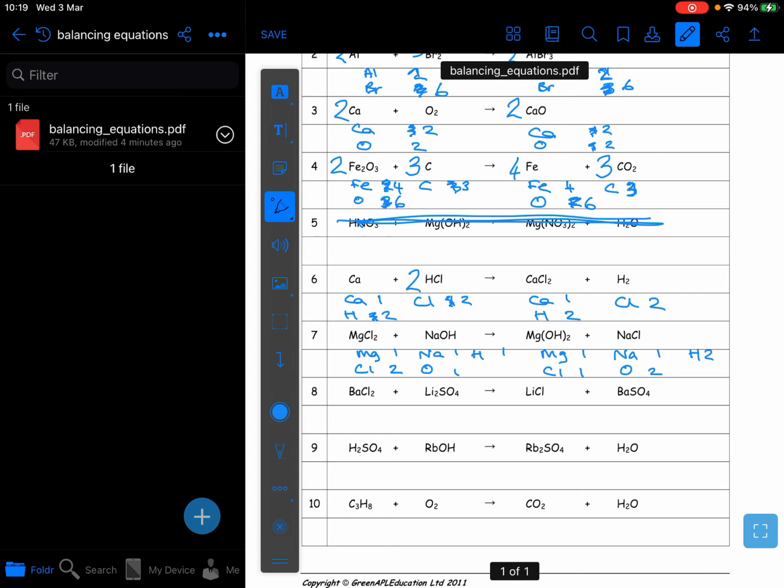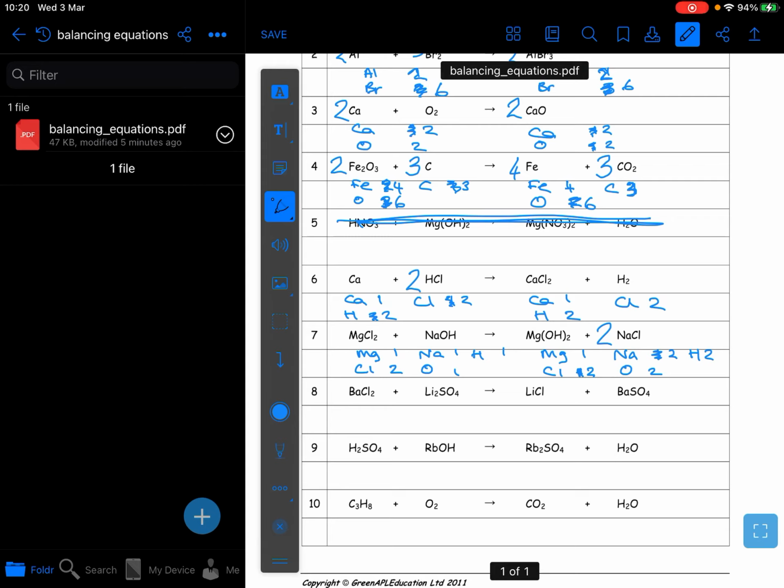Okay, so first thing I'm going to do is I'm going to do the chlorines. 2 and 1, nice and easy to do. So let's do a big 2 in front of the NaCl on the right hand side, which will turn the number of chlorines we have into 2. It'll also put the number of sodiums to 2.